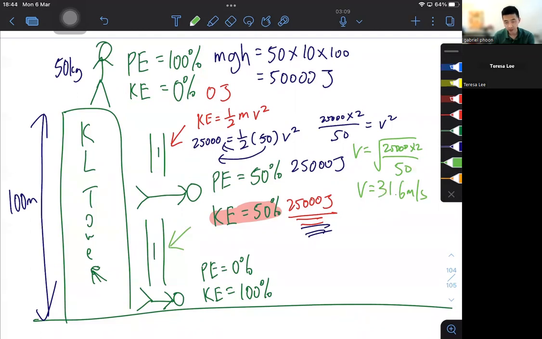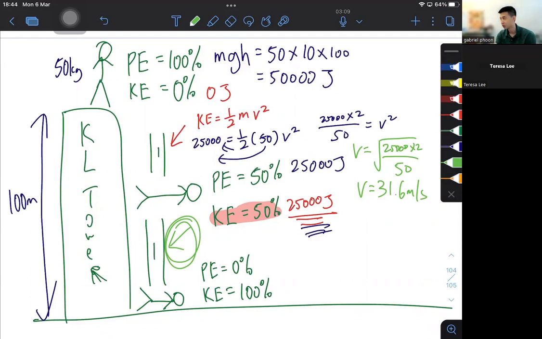No. Okay, can you both try to find the speed at this point here using almost the exact same working? Almost, but right now the kinetic energy improved by another 50%, from 50% to 100%.